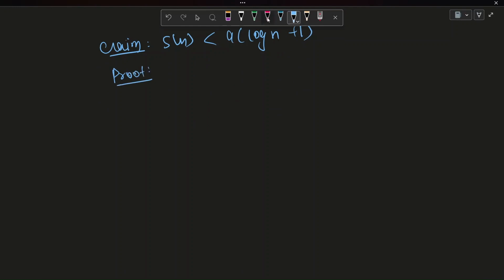So for the proof, suppose that our n is a k-digit number. What this basically means is that ak, ak minus 1, up to a1 are the digits of n, and n is a k-digit number. So of course we can write that f of n equals ak plus ak minus 1 plus dot dot dot plus a1.